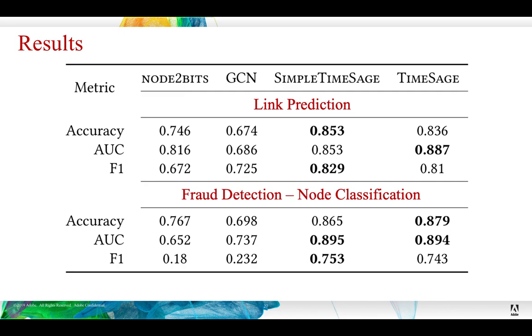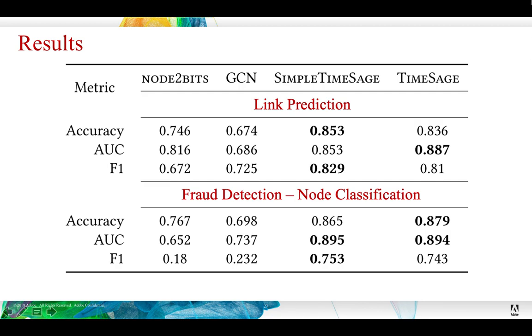If you look at the results for both tasks, link prediction and fraud detection, it turns out that our TimeSage based methods, which incorporate temporal information through convolution or through temporally weighted edges, outperform the competition. Notice that we did not include CTDNE because CTDNE cannot handle attributed networks.